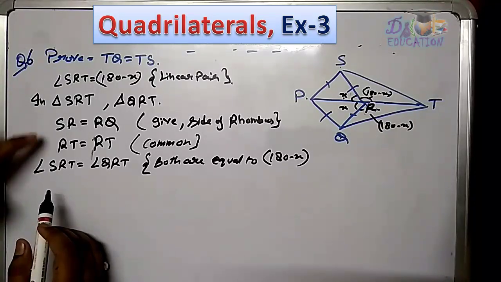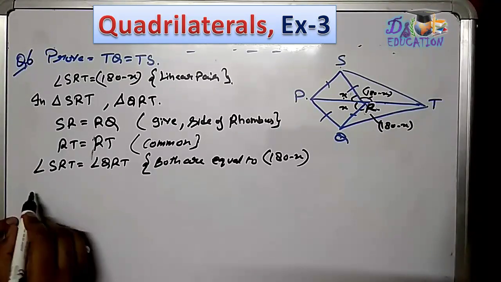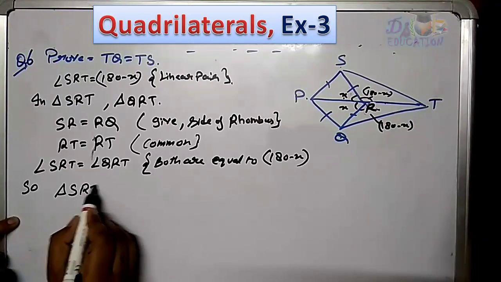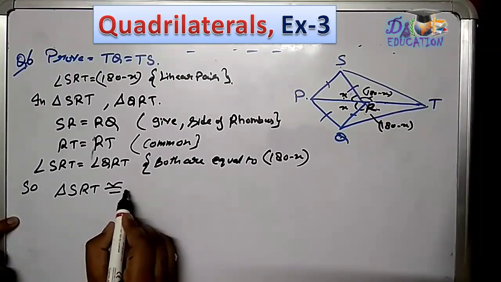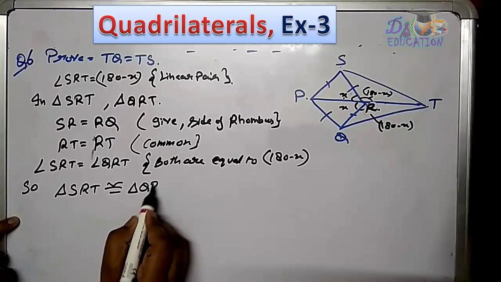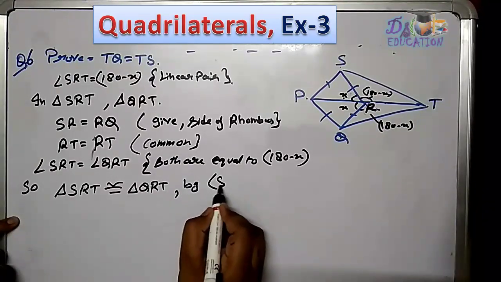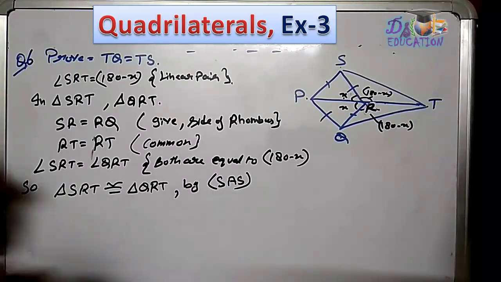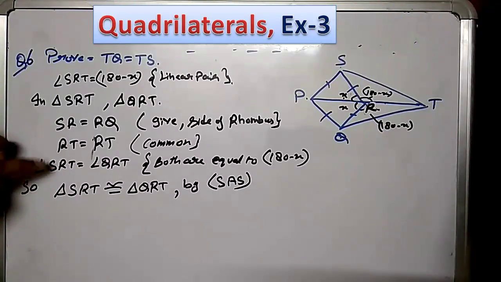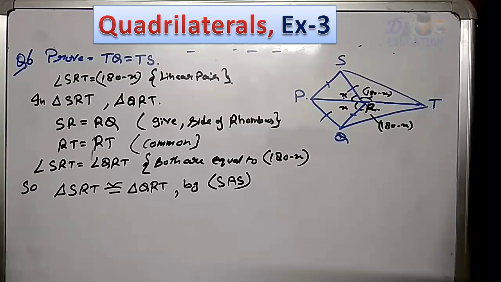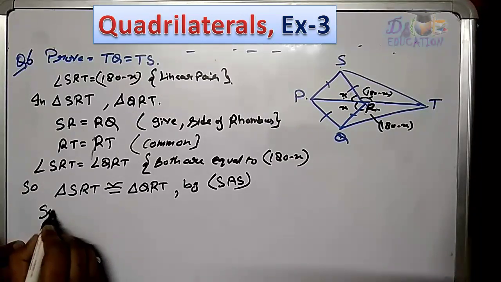So the three properties prove the triangles are congruent. So we can write triangle SRT is congruent to triangle QRT by which property? By SAS, that is side angle side, meaning two sides have been proved and one angle has been proved. So it will become the side angle side property. Now what we have to write?